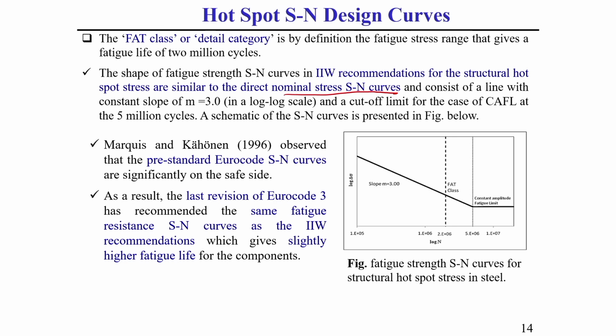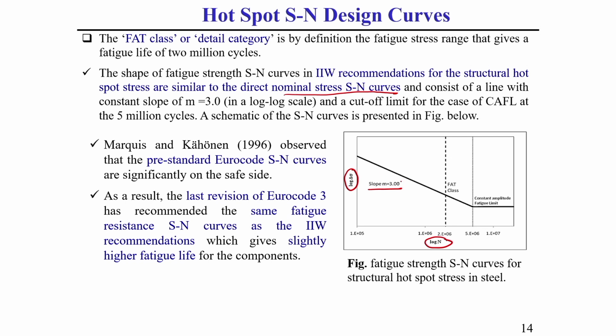This curve generally consists of a line with a slope, plotted as log stress range versus number of cycles.